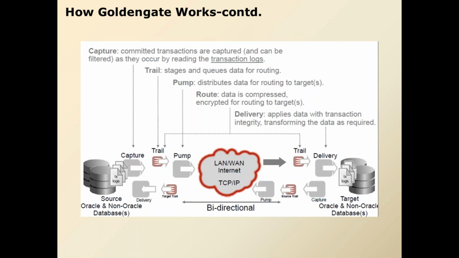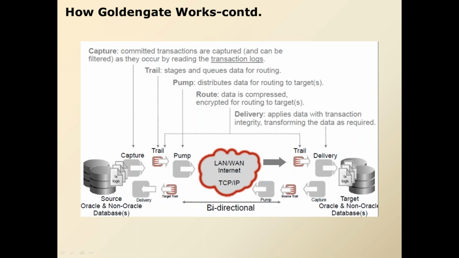Your site B again will have the transaction logs. So whatever changes are happening on site B by the application, the capture process will capture those changes and write them to the local trail.